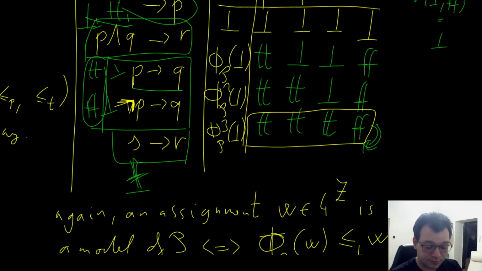Now, we have this function phi P of W, and we can see that this is something which either converges to something or not.